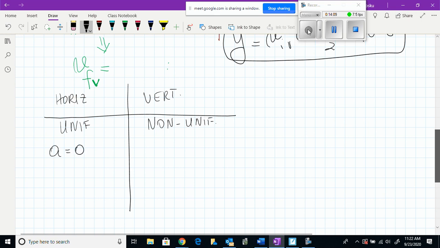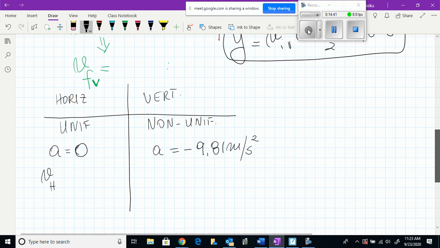Uniform means that acceleration is equal to 0. Non-uniform, near the surface of the Earth, means an acceleration due to gravity of negative 9.81 meters per second squared. Why negative? Because acceleration due to gravity is going down.